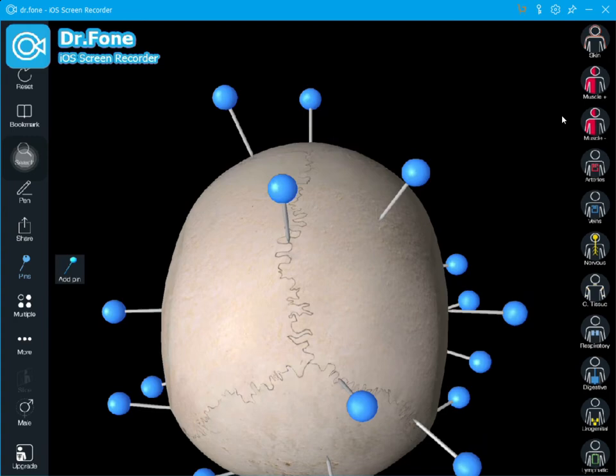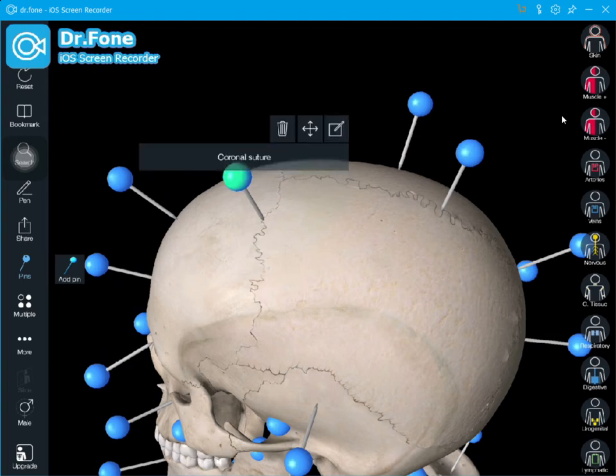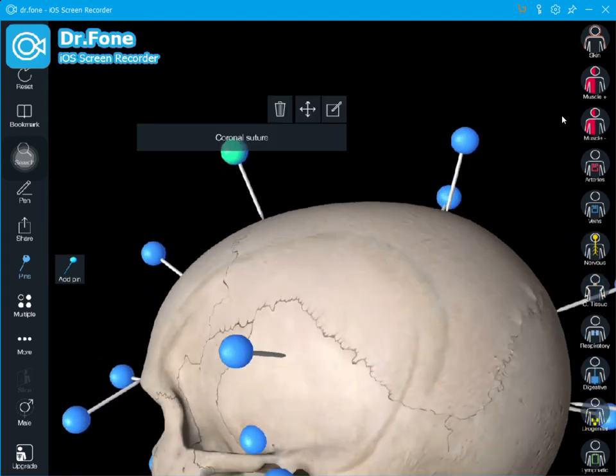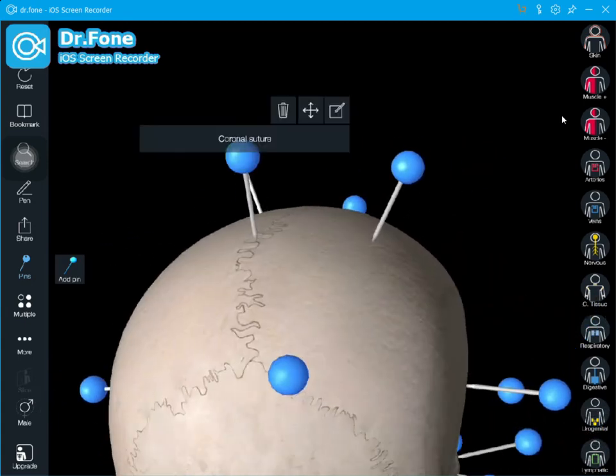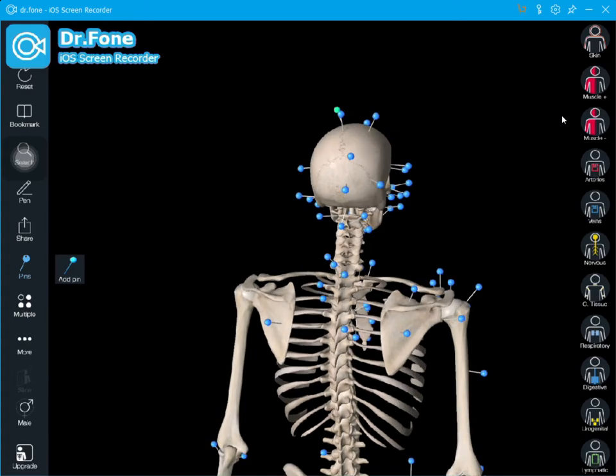And this is the parietal bone. And this suture right here on the crown of the skull would be the coronal suture.